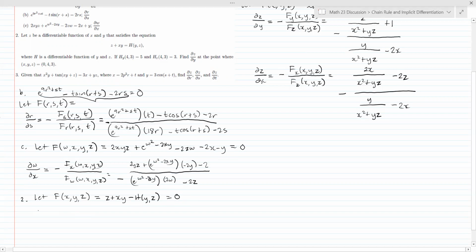Now, kailangan natin ang partial ng z with respect to y. Using the formula, this is negative partial f partial y over partial f partial z.